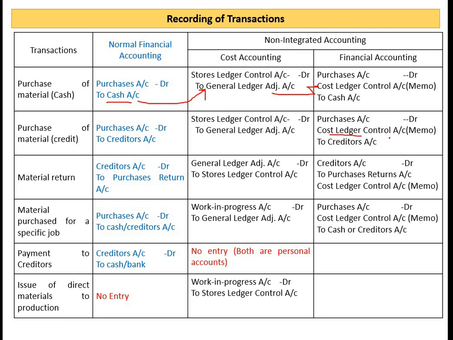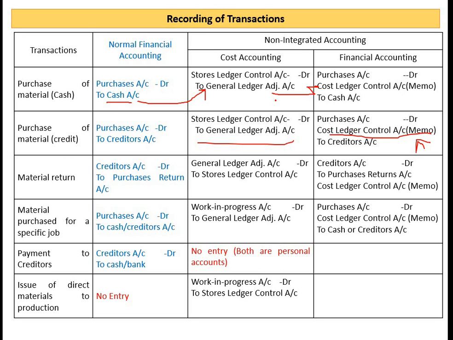You see, we are not recording any debit or credit here, just a memorandum for our purpose. The rest of the entry is the same as in normal financial accounting, but one additional recording is where this transaction is recorded in the cost accounting system, so it is recorded under general ledger adjustment account. That's why we are passing this one memorandum entry.